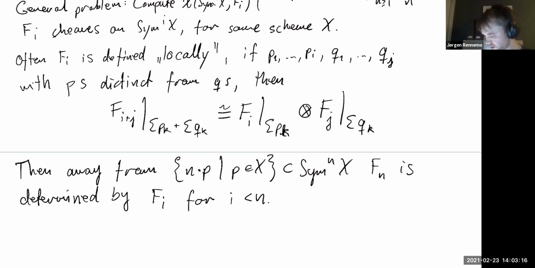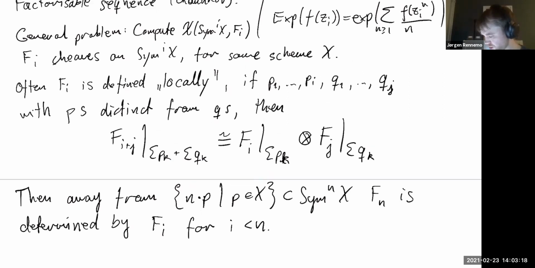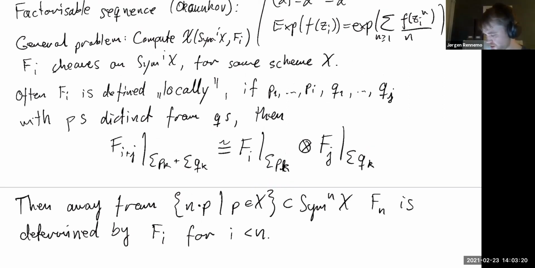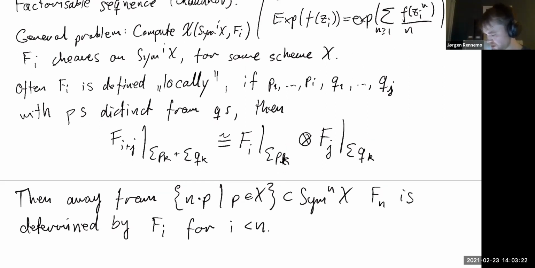I'm being extremely informal here, but okay. Once you have this property, you should be able to say this puts constraints on these things. Suppose I know how to evaluate all of these up to n, and for Fn I can say, well, on a huge chunk of this symmetric product, I know what it is.